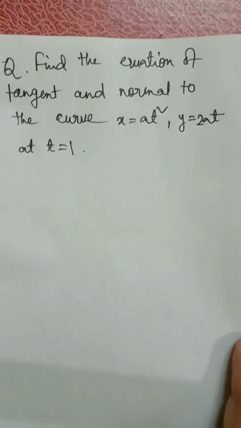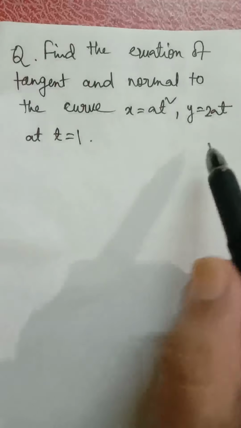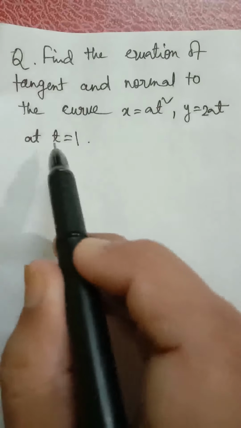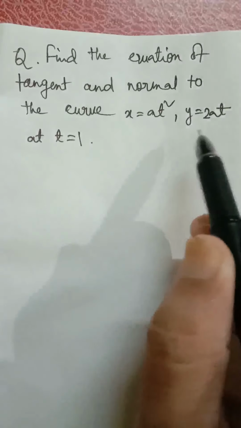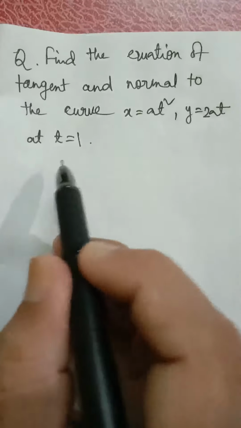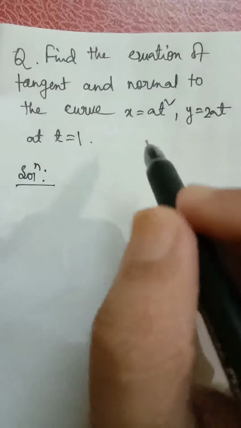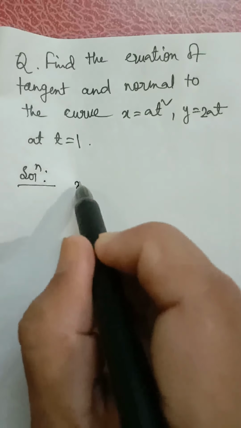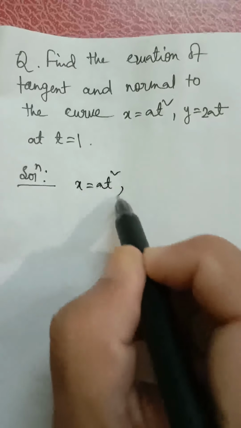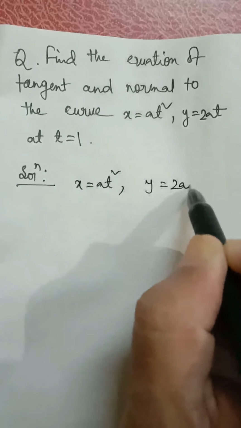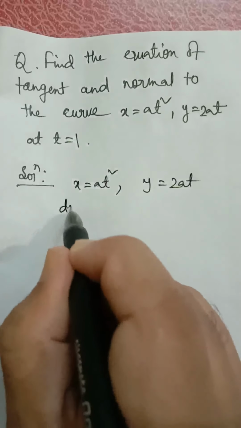Next question is, find the equation of tangent and normal to the curve x equal to at square, y equal to 2at at t equal to 1. Here the equation of the curve is given in parametric form. First of all, we have to find dy by dx. So for that we have to find dx by dt.